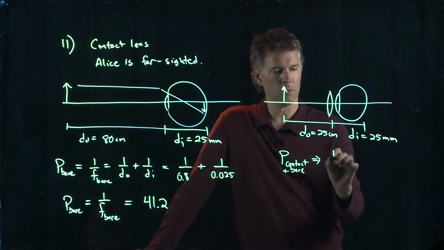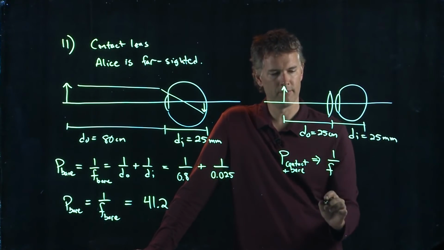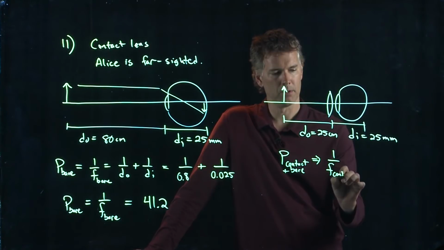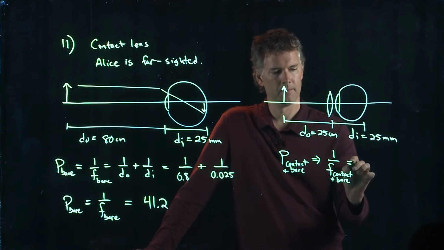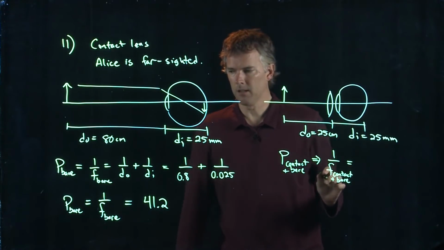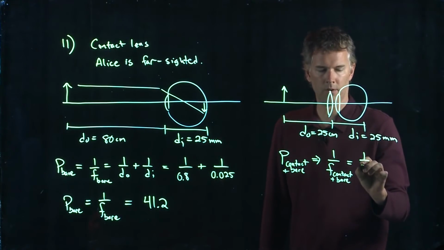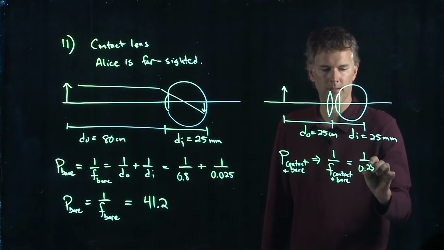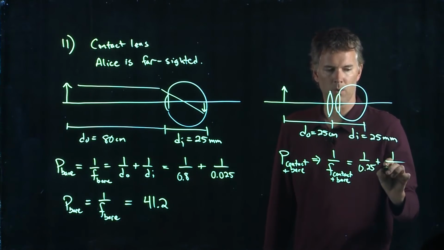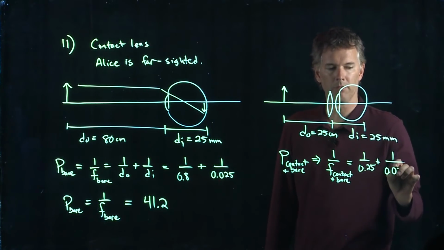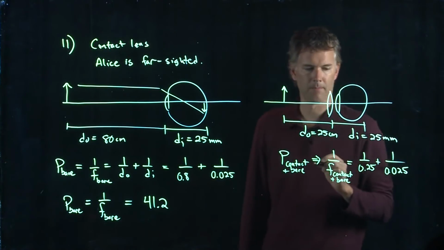That is 1 over f of the contact plus bare eyeball system, which is 1 over 0.25 plus 1 over 0.025.